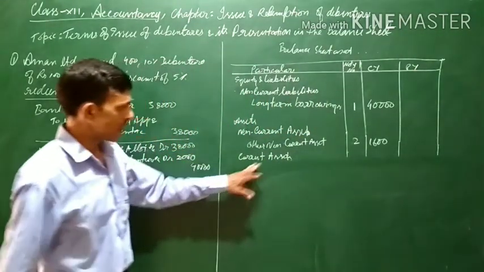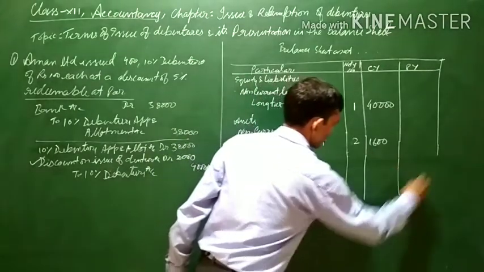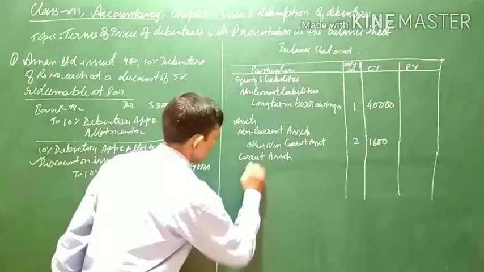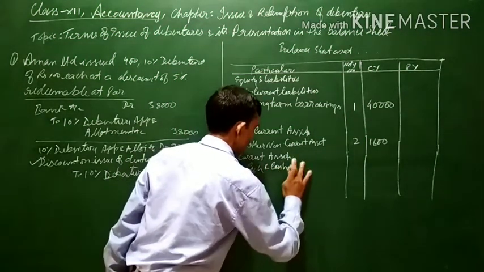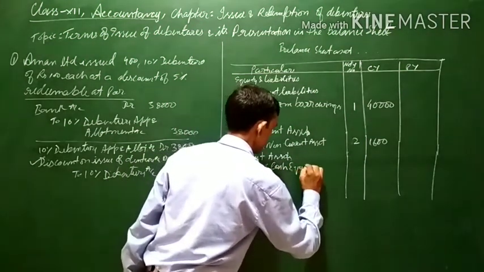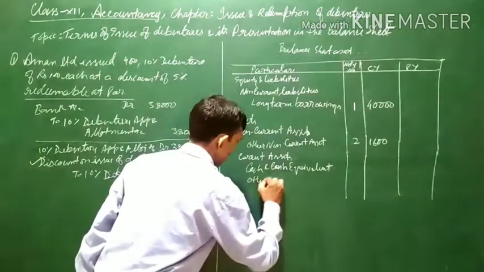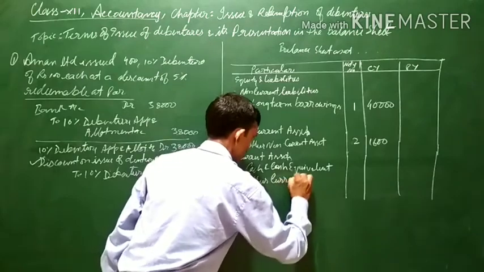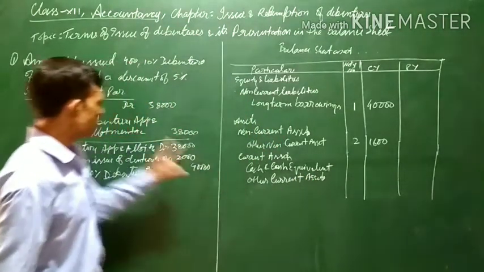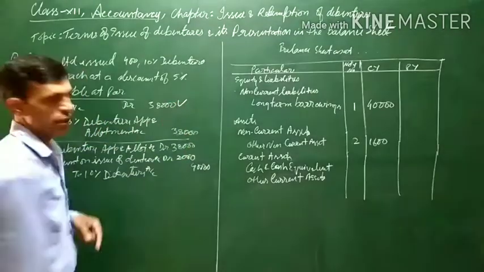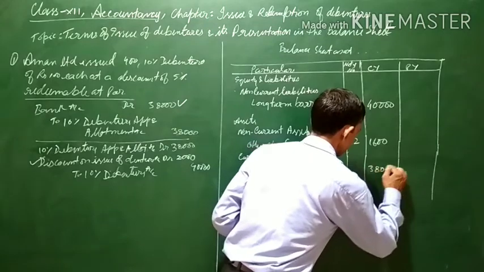Now come to the current assets. Under current assets we have cash and cash equivalent and other current assets. The cash and cash equivalent is the amount of cash which we have received at the time of issue of debenture, that is 38,000.